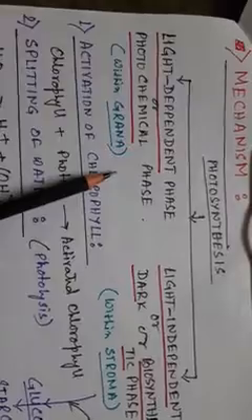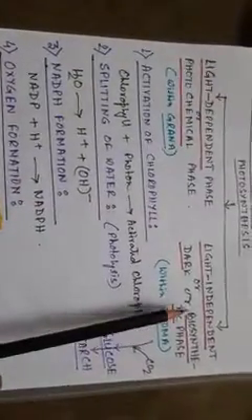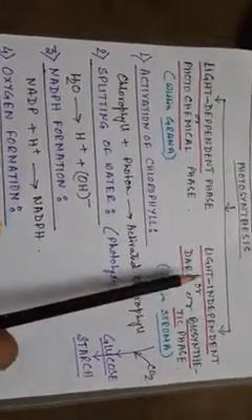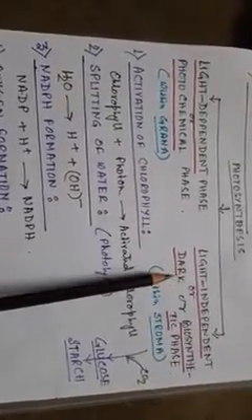Now in your ICSE syllabus, they have mentioned to learn the steps of the light reaction, or light dependent phase, or photochemical phase, but the details of the dark phase, or light independent phase, are not there. Why is it called light independent? Definitely don't think these phases occur at night. Both phases occur in the daytime only, but the dark phase is directly dependent on the light dependent phase, and the light dependent phase is directly dependent on light.